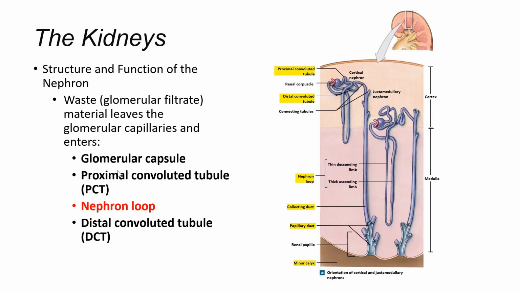Now, the Bowman's capsule is also called the glomerular capsule, okay? So basically, the distal and proximal convoluted tubules are not separate structures the way we will draw them out for simplicity's sake. They both are coming in contact to each other, and they both are coming in contact to the renal corpuscle, where we have the glomerulus and the glomerular capsule.